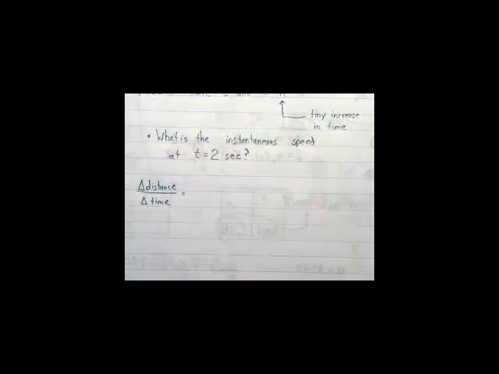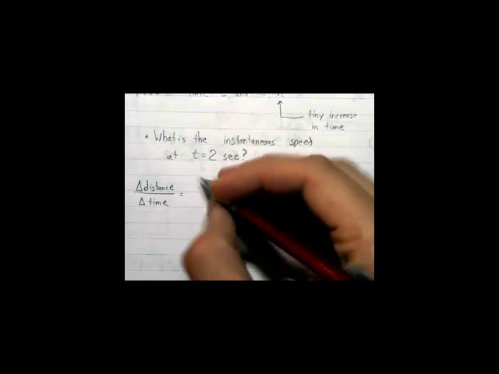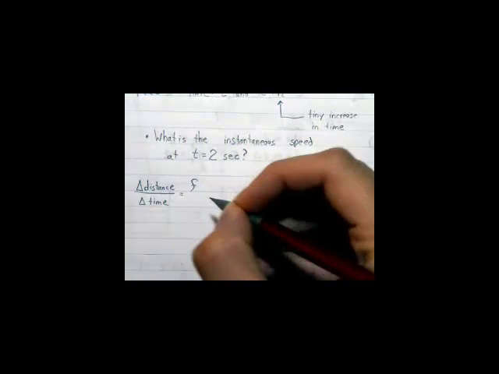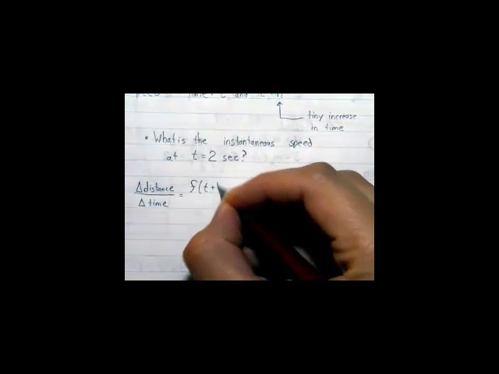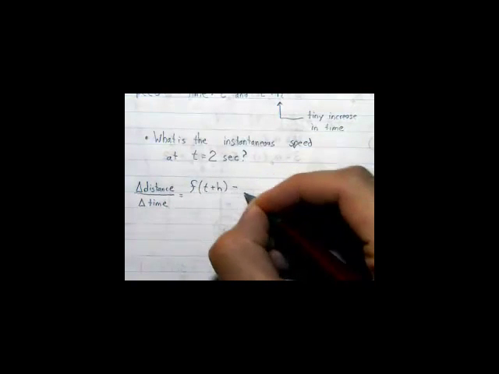Okay, well, think about what we did. When we found the change in distance, basically we were finding the difference of the y values, right? So it's kind of like doing a slope, essentially. Change in the y over change in the x. Or instead of y, it could be f of and f of. So this is going to be f of t plus h minus f of t.